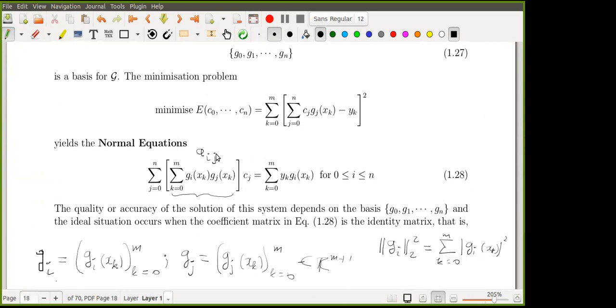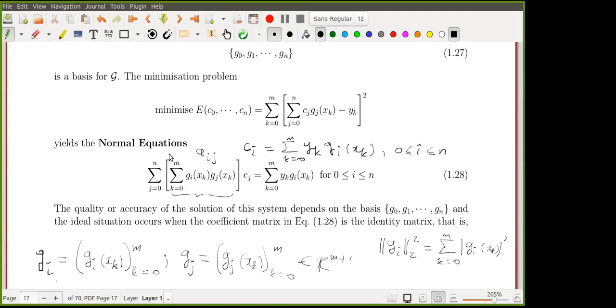So when j is equal to i, we will have c_i equal to this sum, k running from 0 to m, y_k g_i of x_k. And this is true for i running from 0 to n.